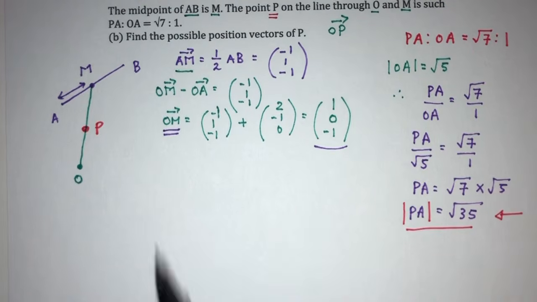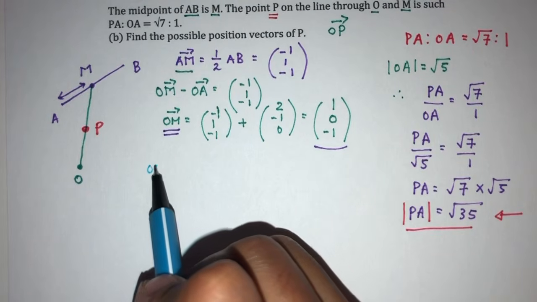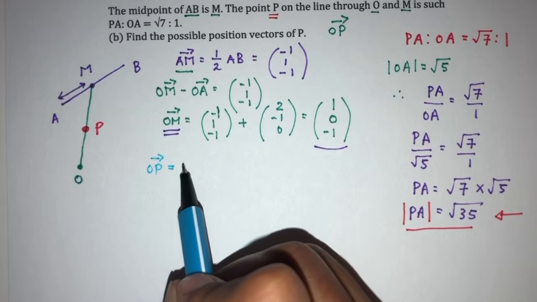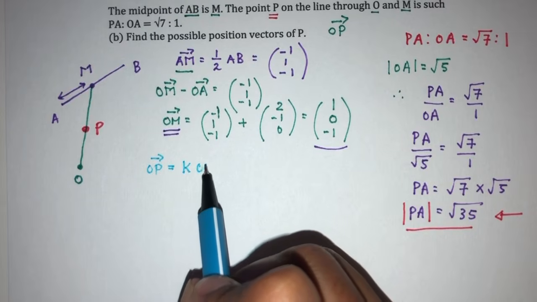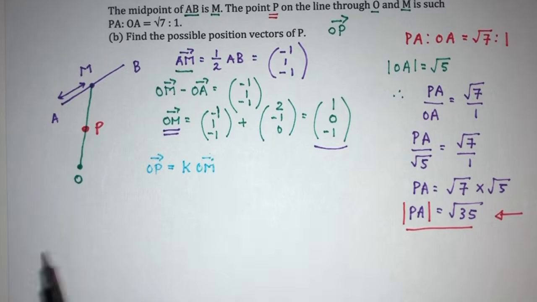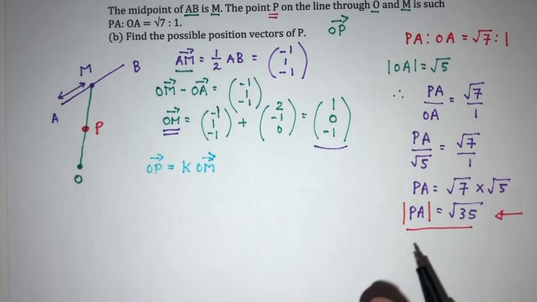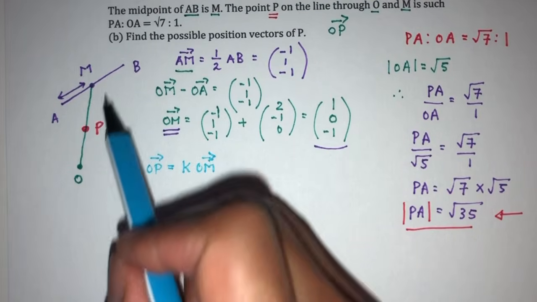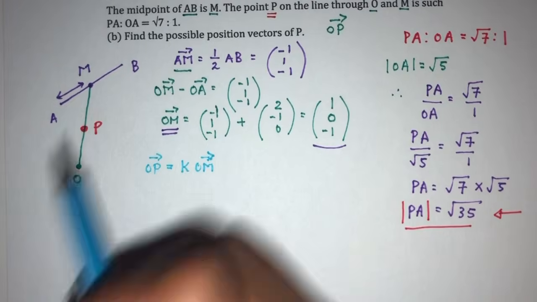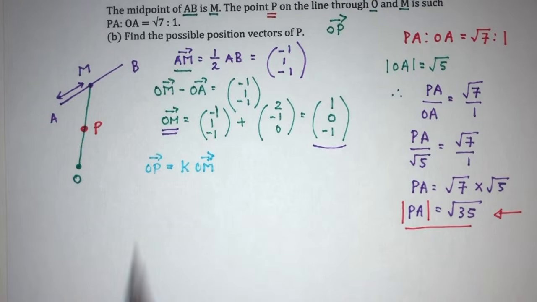For example, we can write OP is equal to a multiple of OM, because they lie on the same line. We can write OP is equal to K OM. We can write, for example, PM is a multiple of OM. We can write many variations, but this is one of the examples.